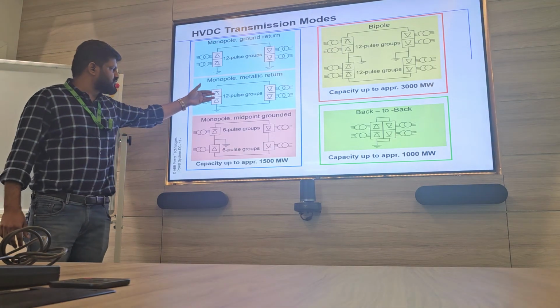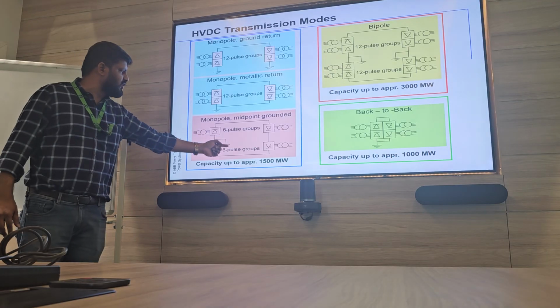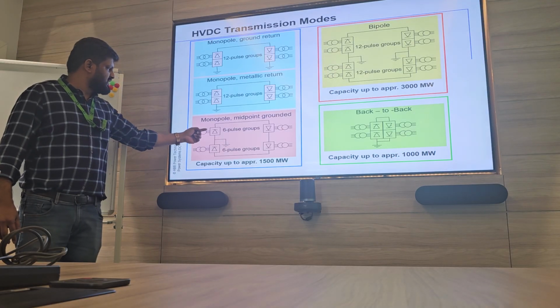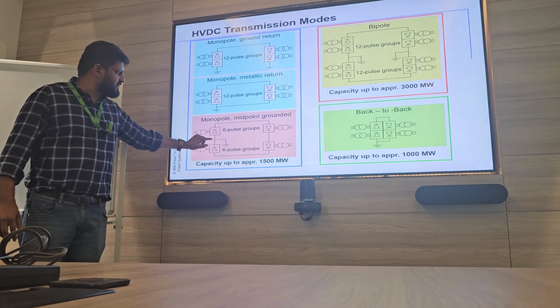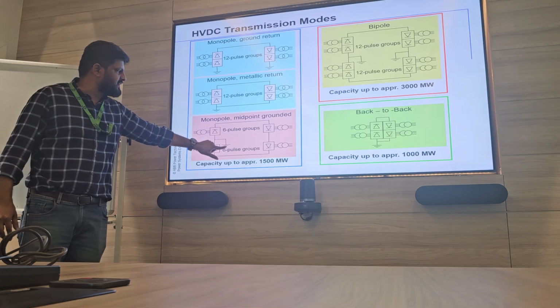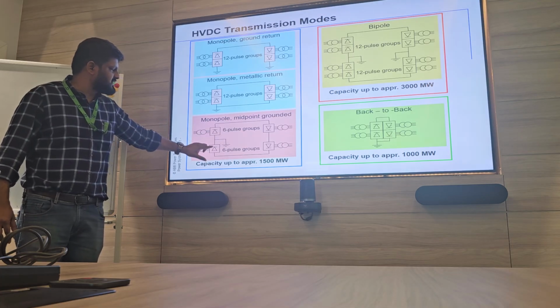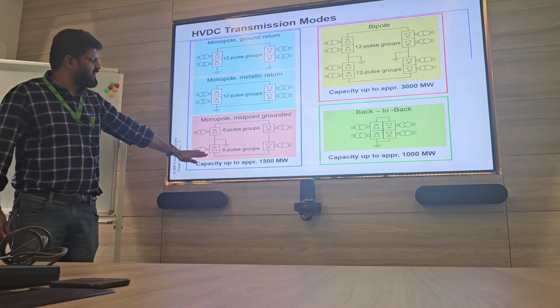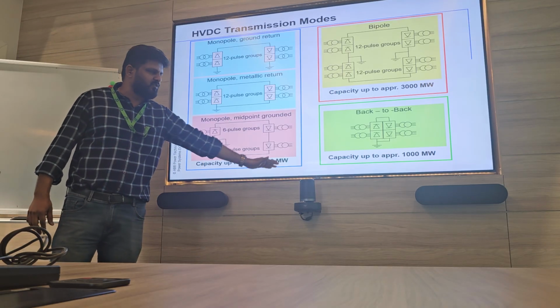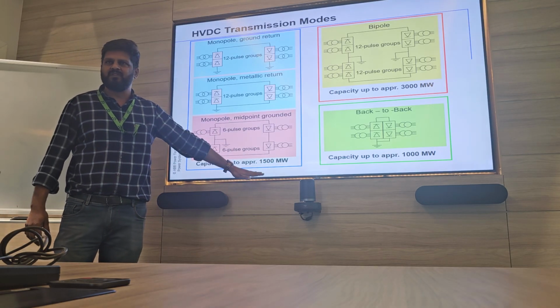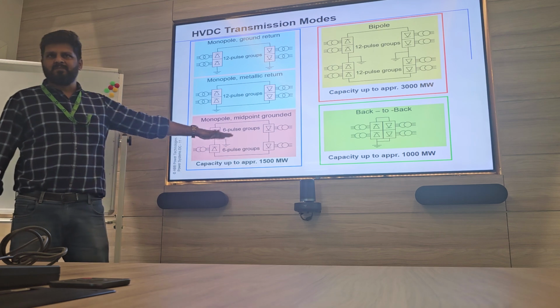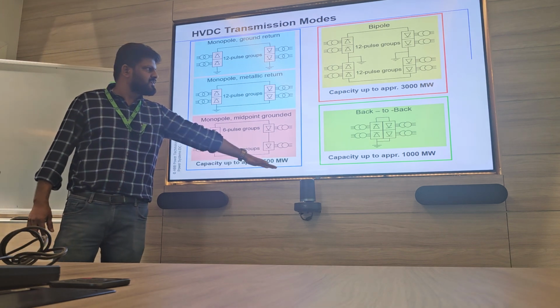Here we have a 12-pulse group with a midpoint grounded configuration, in between the 6-pulse converters. We are doing grounding at only one station side. All this monopole is limited up to 1500 megawatt, or recently 2000 megawatt, so it is limited transfer capacity.